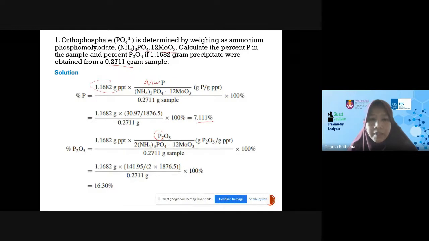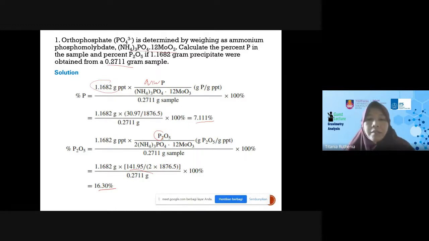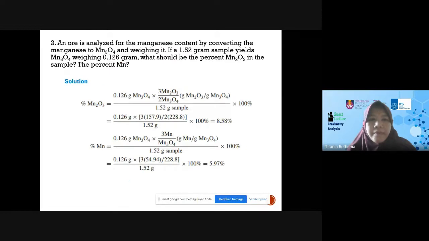So we can calculate like this: 2 times 30.97 divided by 1,876.5 and the mass of sample. So we get percent P2O5 is 16.3%. Okay, and number 2.